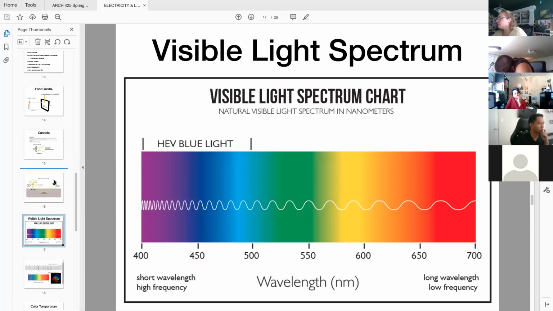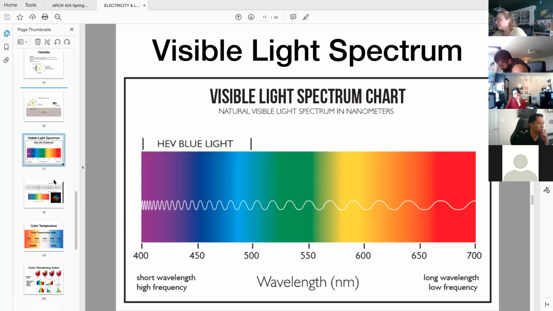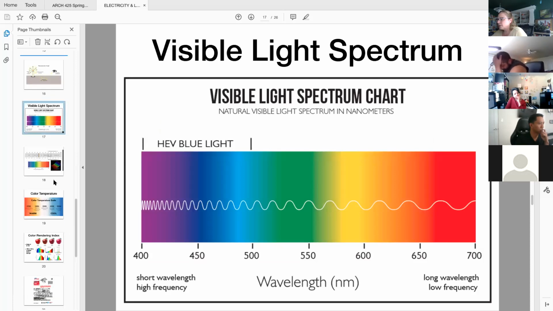But let's go back to the visible light spectrum for a minute. As most of you all know, the colors of the rainbow and the colors that the human eye sees range from an indigo, dark purple, all the way through red.